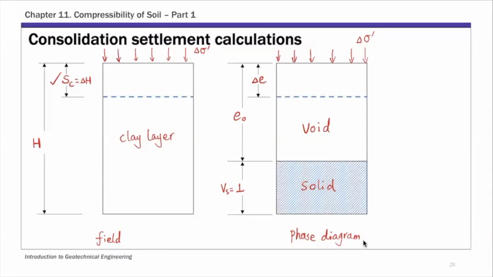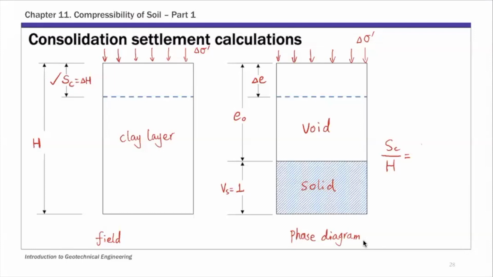Okay. So using this relationship here, the change in height over the initial thickness H is a strain measure, vertical strain. And this can be represented using the void ratio, the phase diagram relationship here.